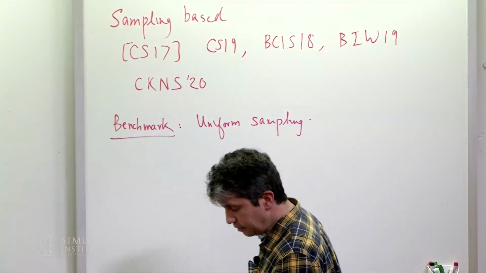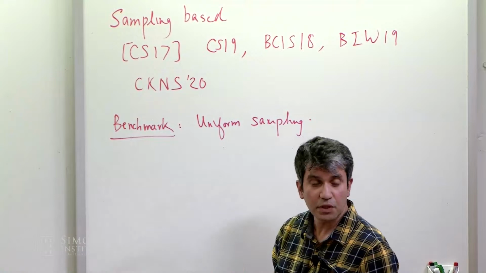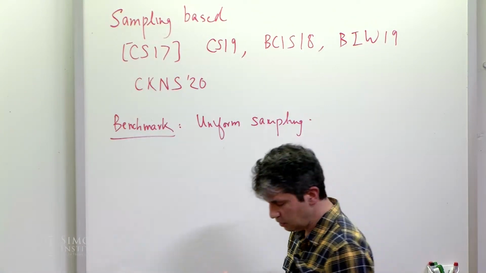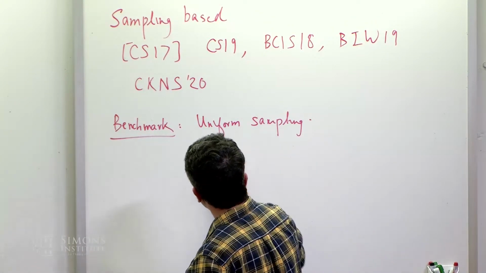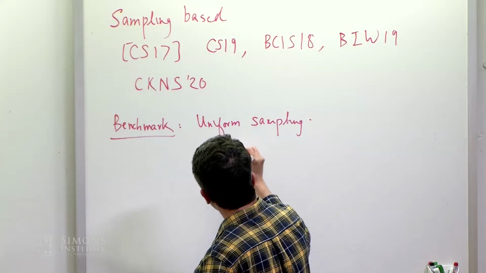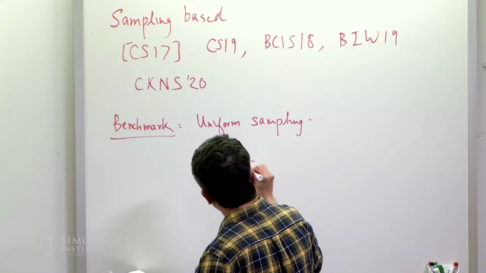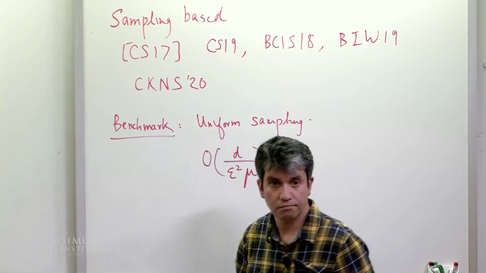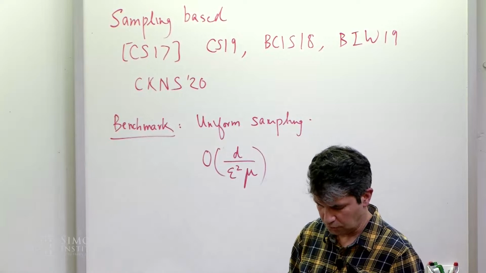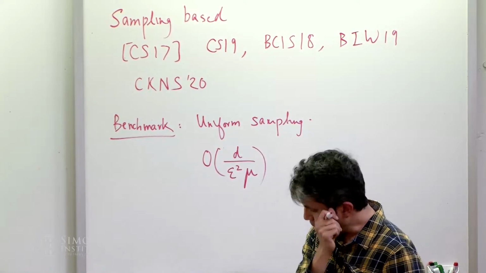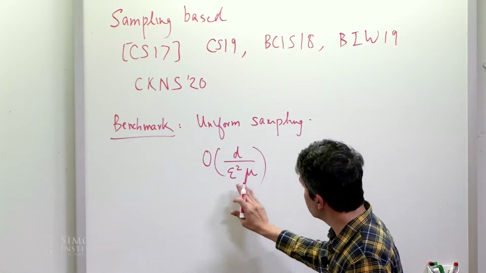And if you did that, then the number of samples that you need is order of d divided by epsilon squared mu. Okay. All right. So this is the amount of time that you would take.